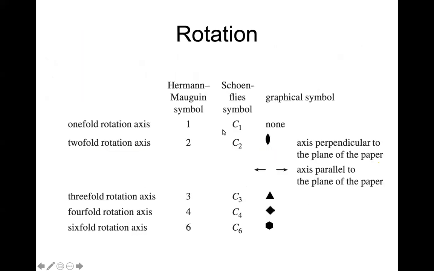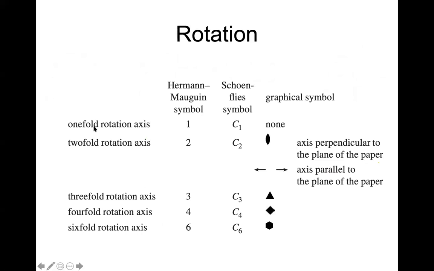So finally, a table which shows the notations, okay, various symmetry operations. Hermann-Mauguin symbol, just one-fold rotation, which means a do-nothing operation. You also study group theory. So when you don't do any operation, so it remains. Or you do 360 degree rotation, it comes back to the original position.